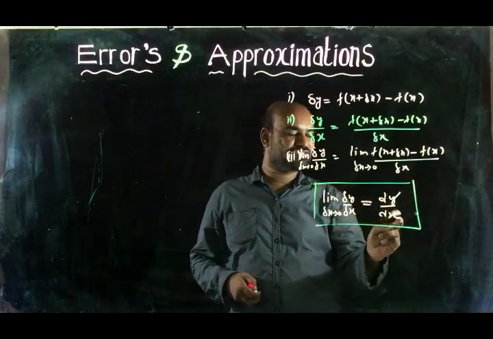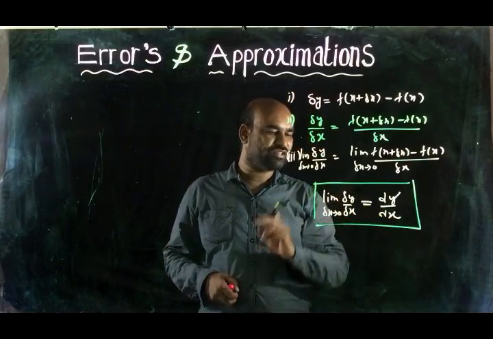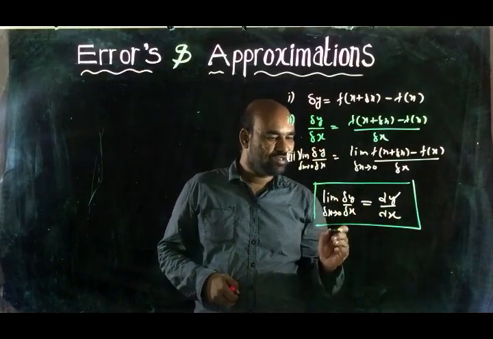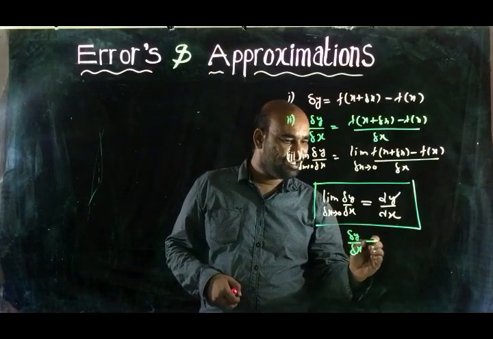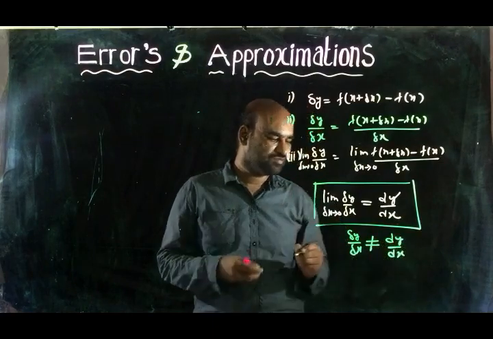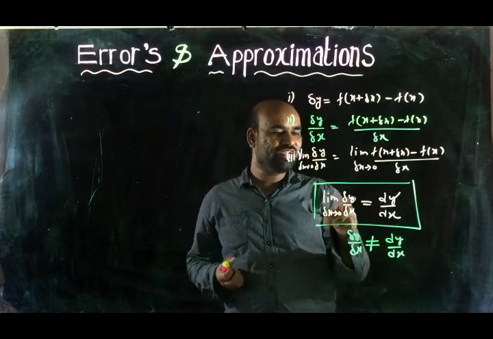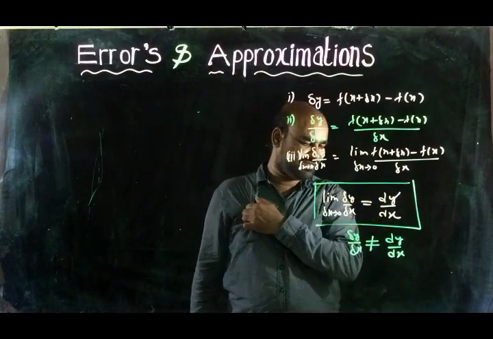dy by dx is not a fraction. Delta y by delta x is a fraction. Delta y by delta x is not equal to dy by dx. But the limiting value of delta y by delta x when delta x tends to 0 is the same as dy by dx.